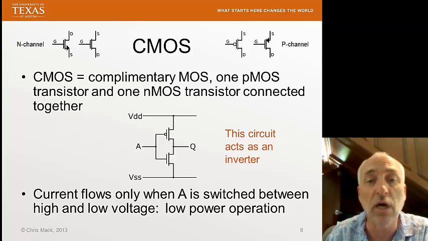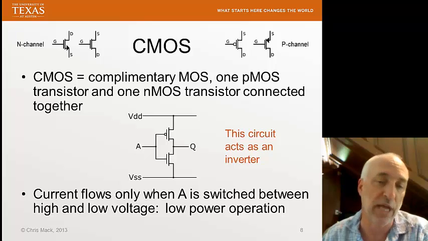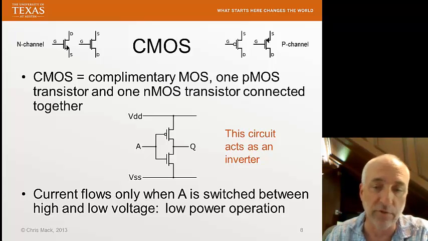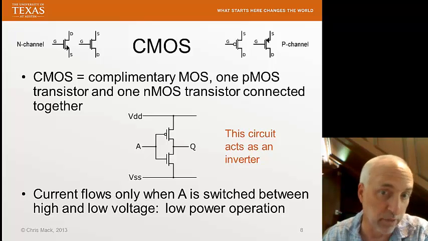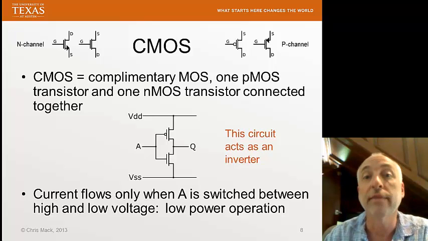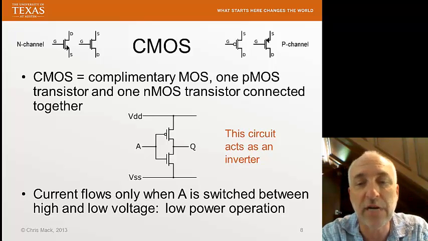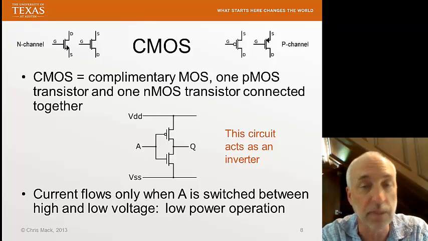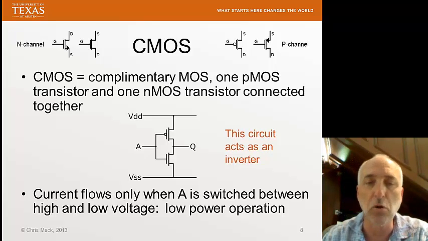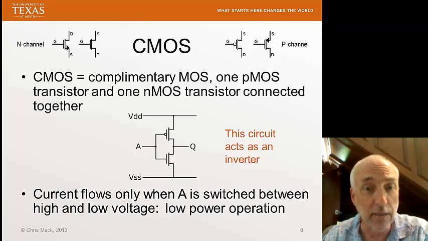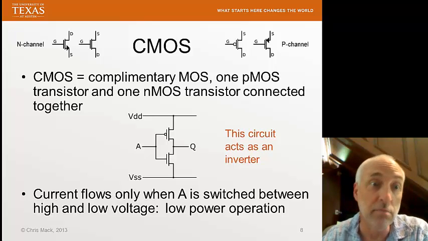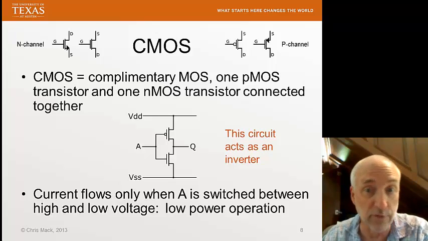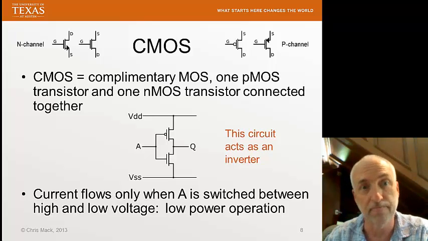It only draws current when I switch A between high and low voltages. Otherwise, I won't. That makes CMOS very low power, and that's quite significant. And this is why CMOS has become so popular as we've added first thousands and then millions and now billions of transistors in our circuits.